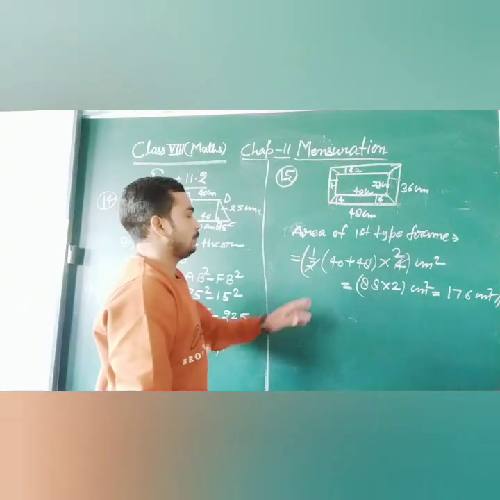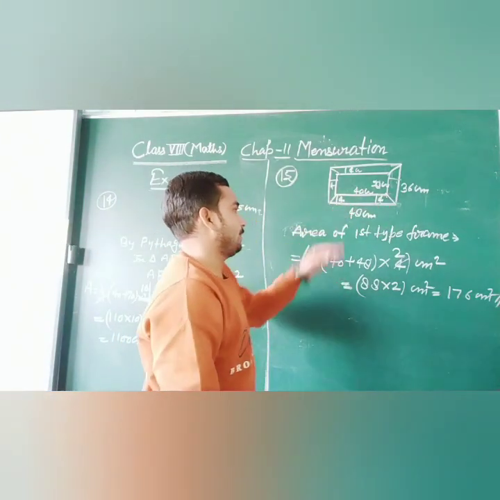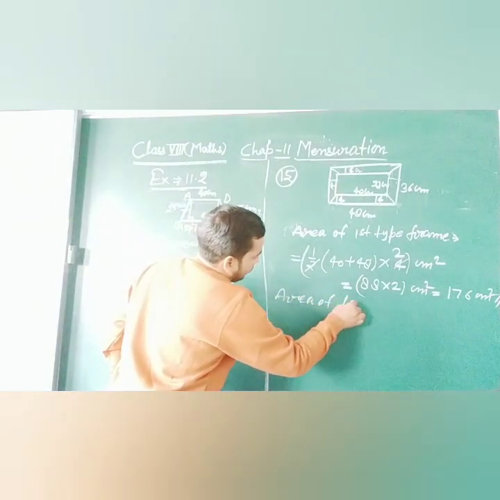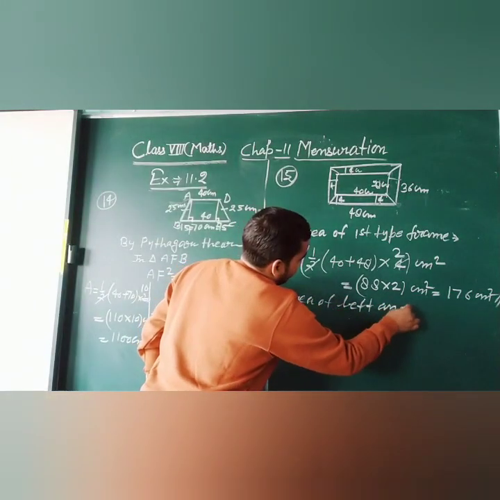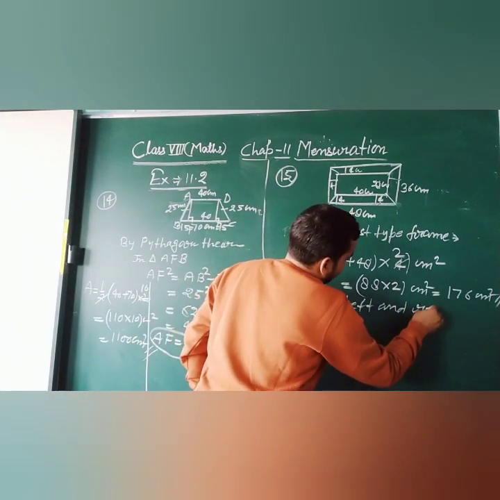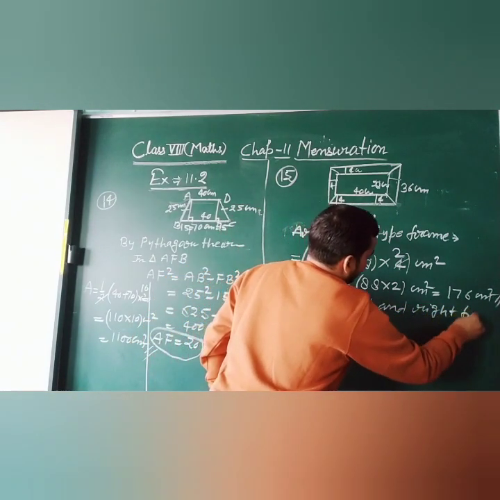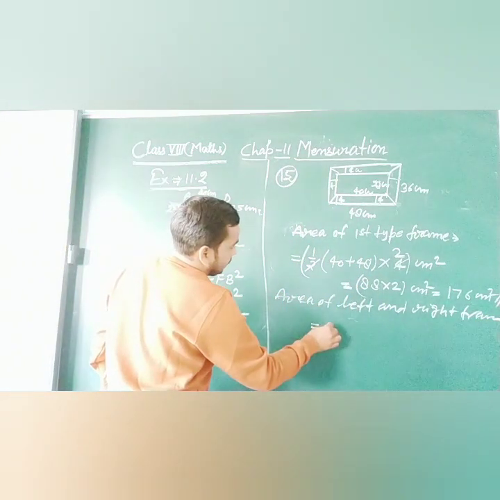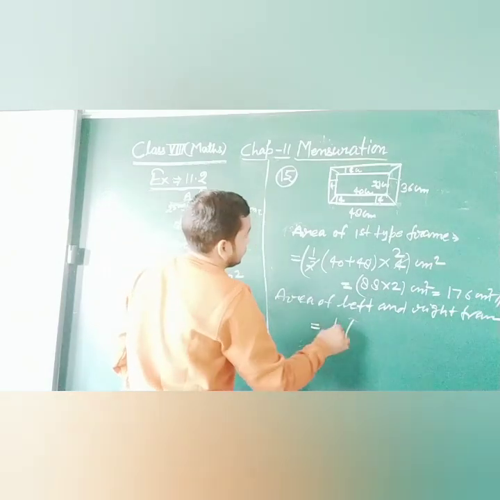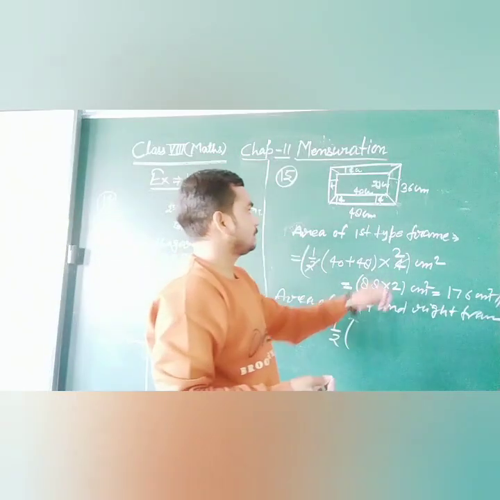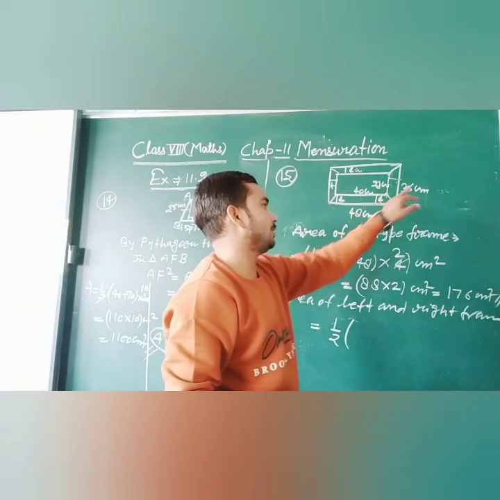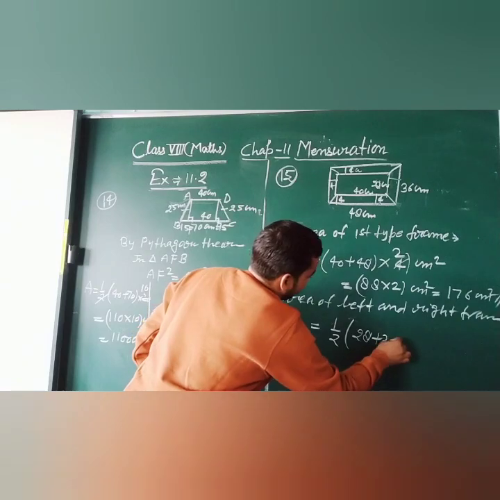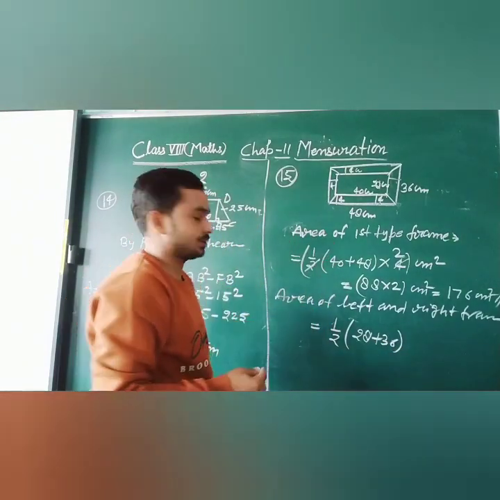Then find out the area of the left and right frame. Again apply the formula, area of trapezium: 1 by 2, sum of the sides. The sides are 28 and 36. 1 by 2, 28 plus 36, and distance is given the same, 4 centimeter.